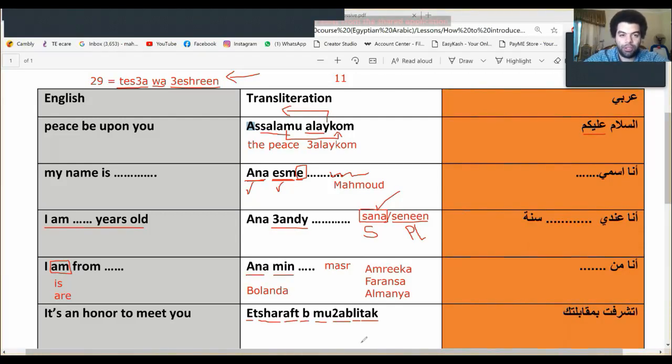Repeat. اتشرفت بمقابلتك. This ek at the end means you're speaking to a male. But if you're speaking to a group of people, if we go back to the very beginning, Assalamu alaikum, we can add this kum here, and it means you, plural. Great, very good.